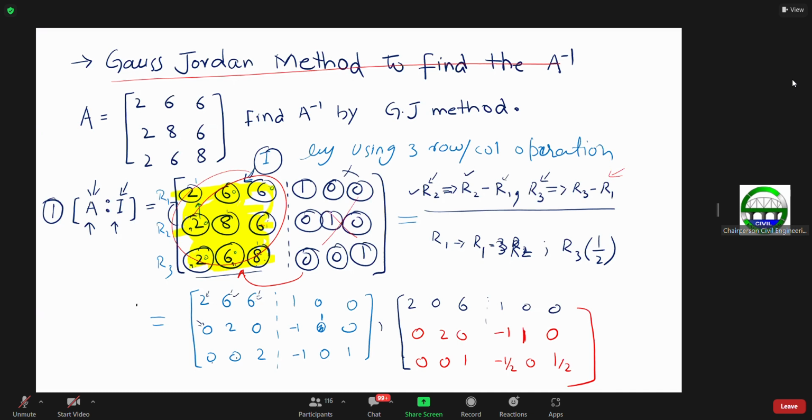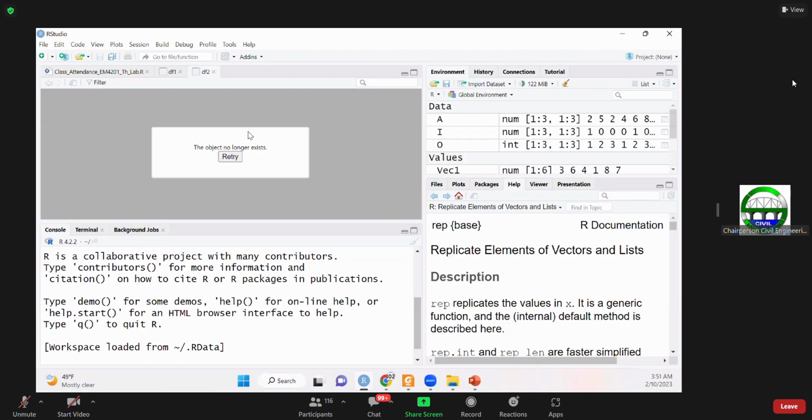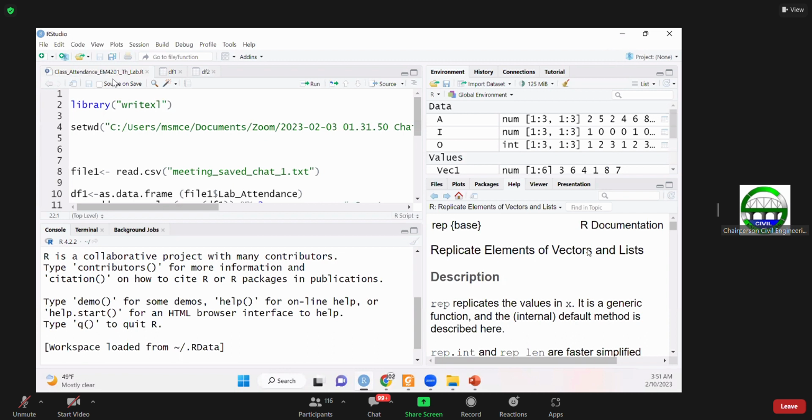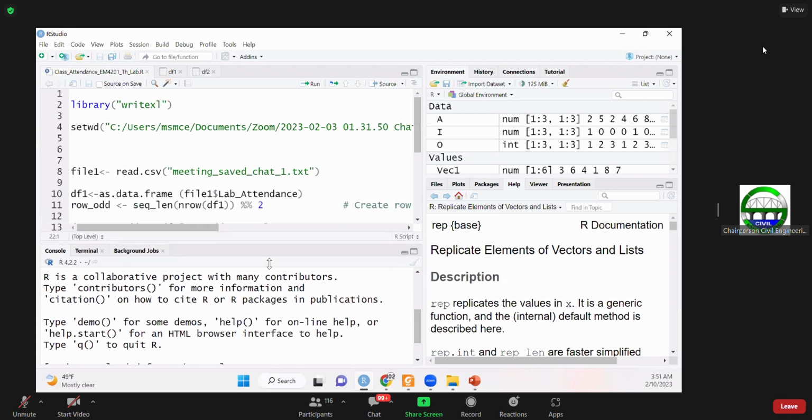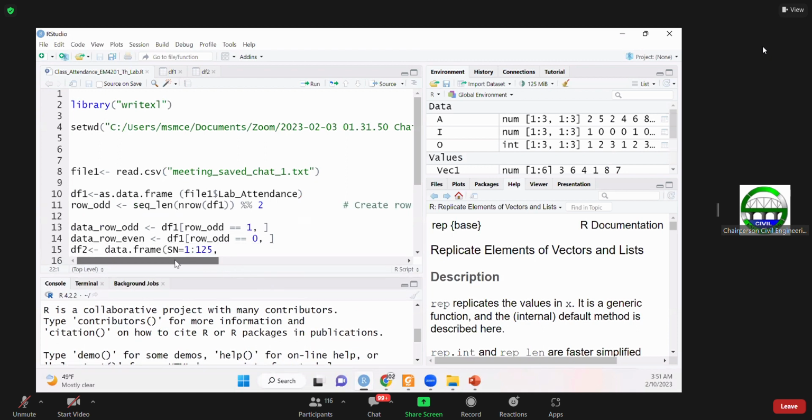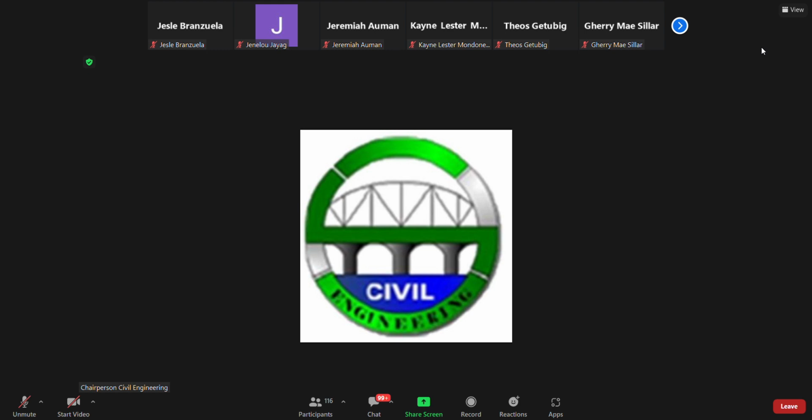I'm going to open my R Studio as well. Okay. Wait, let me stop sharing. Share the screen.